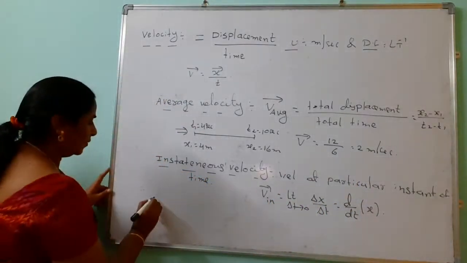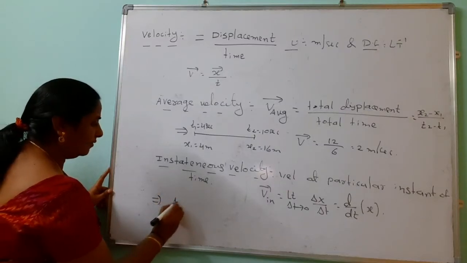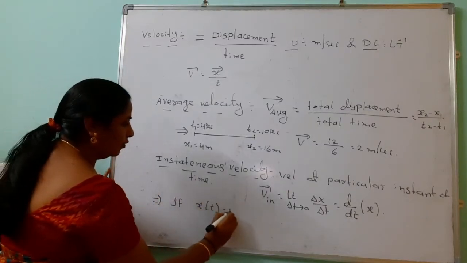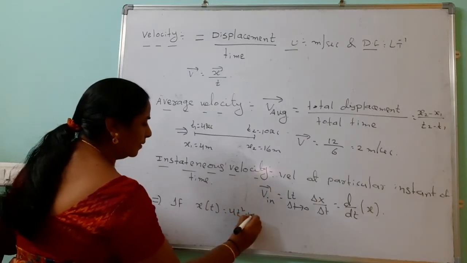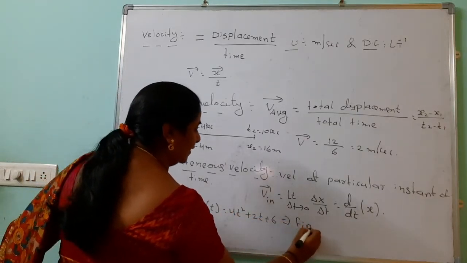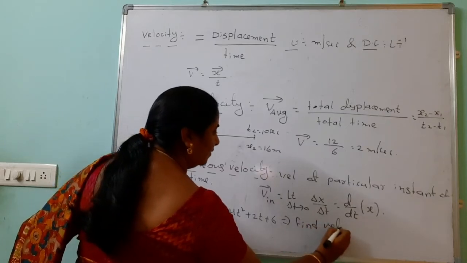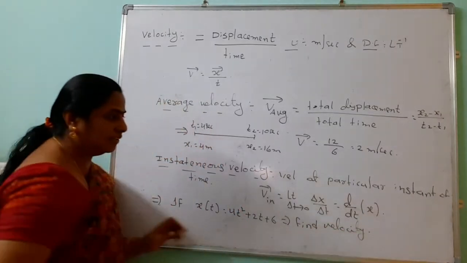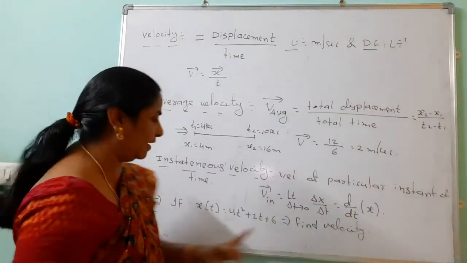Now we discuss one problem. If the displacement of a particle is 4t square plus 2t plus 6, find the velocity. We know that the rate of change of displacement is the velocity.